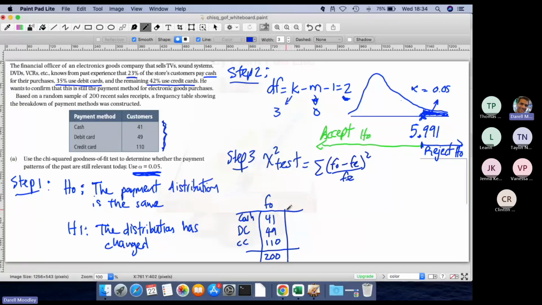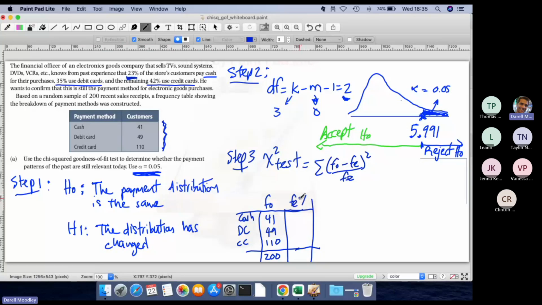Now, we know what the expected percent is, because if you read the question, it tells you that the officer knows from past experience. So in other words, it's what they expect the percentage to be. These are the expected percentages, so this is your FE, but in terms of a percent.